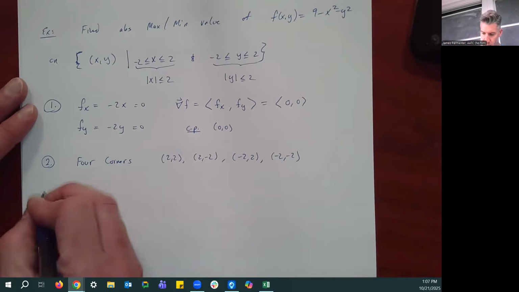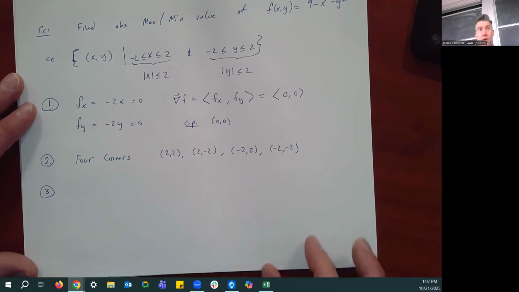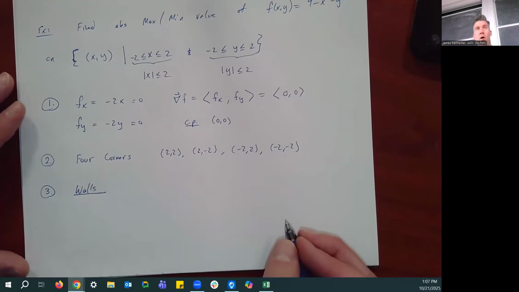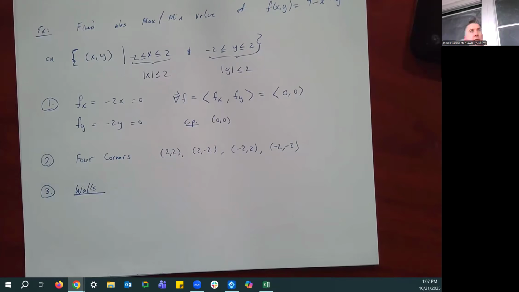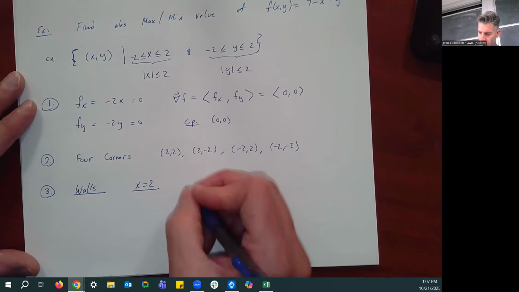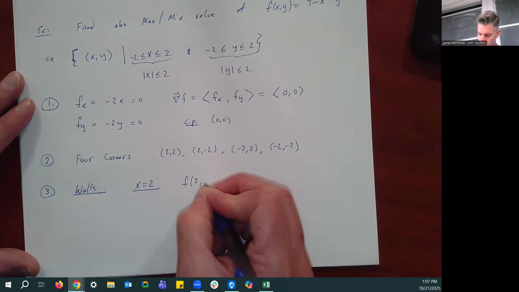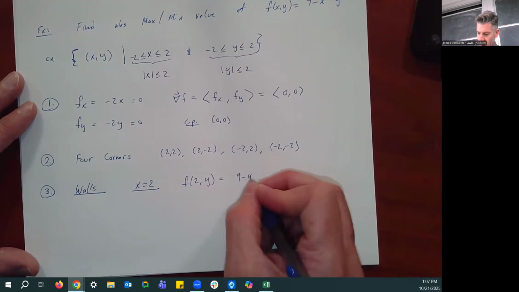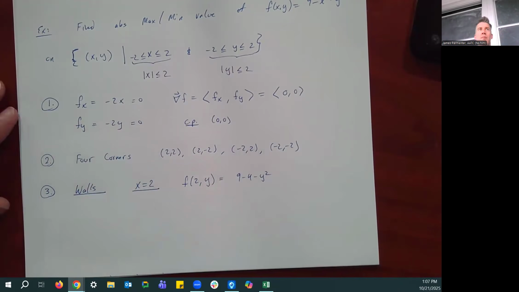And then finally, or thirdly, I should say, the walls. So our walls are x equal to 2, x equal to negative 2, y equal to 2, y equal to negative 2. So if we look at setting x equal to 2, our function is going to be f of 2 comma y, and we're going to get 9 minus 4 minus y squared. And if we take the derivative of that, we're still going to get negative 2y.